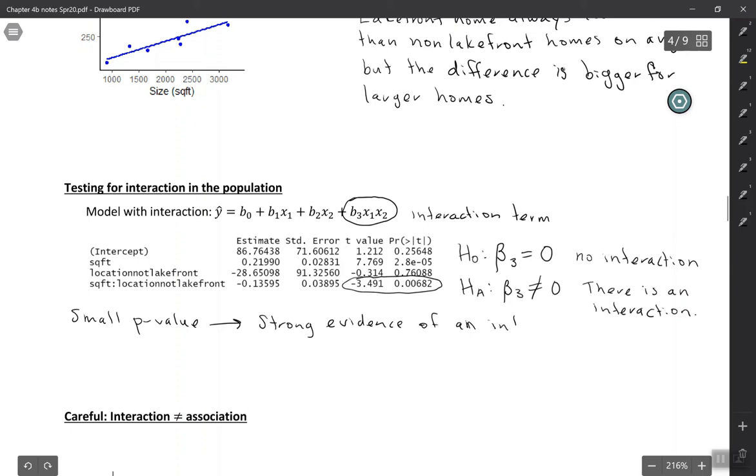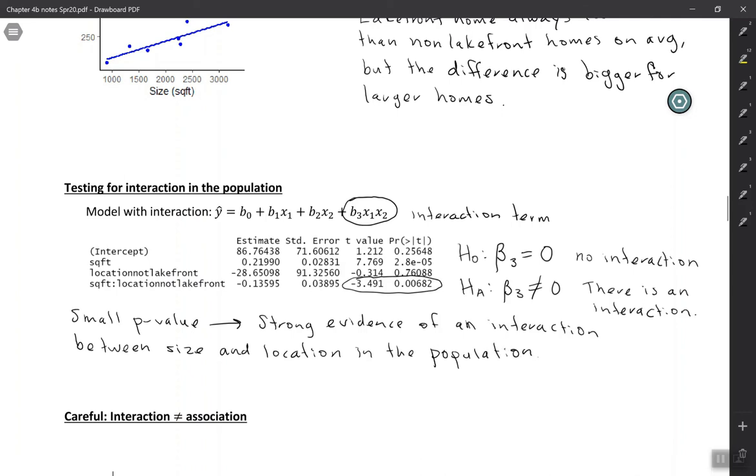So strong evidence of an interaction between size and location. Just to be clear what we're testing here, this is an interaction between size and location in the population, right? We already knew that there was an interaction in the sample, but this is saying we've got strong evidence that this is real, that it's not just a fluke in that sample.